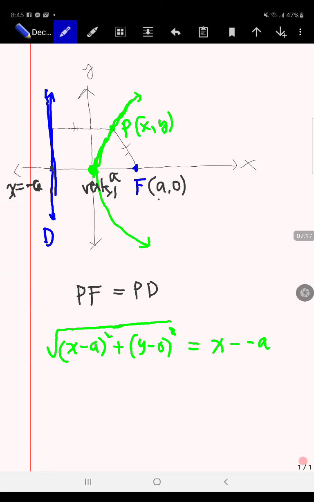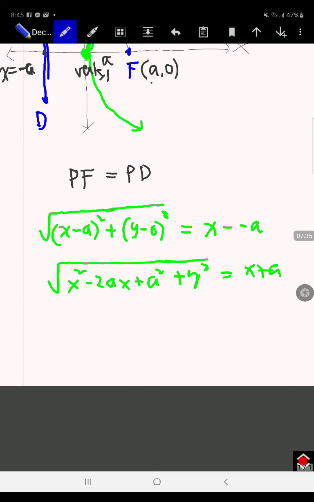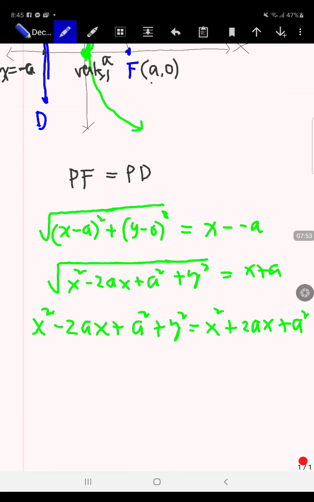Simplifying, we get the square root of x squared minus 2ax plus a squared plus y squared equals x plus a. Getting rid of the square root, we get x squared minus 2ax plus a squared plus y squared equals x squared plus 2ax plus a squared.